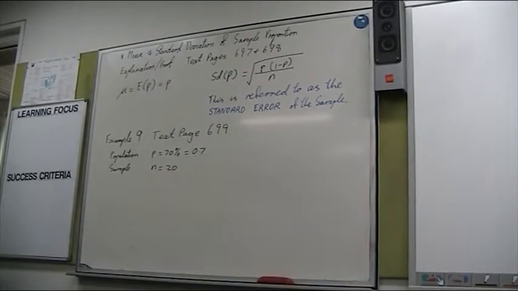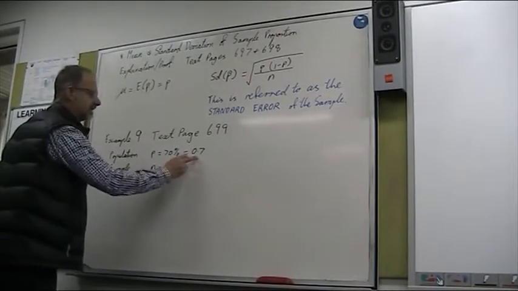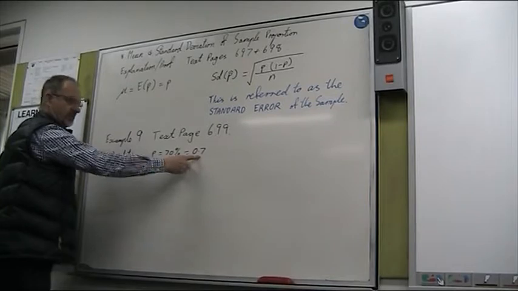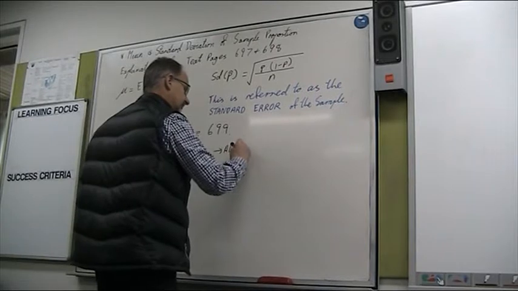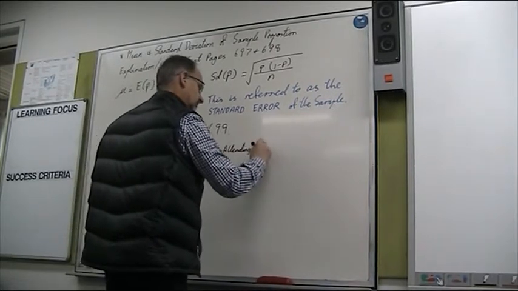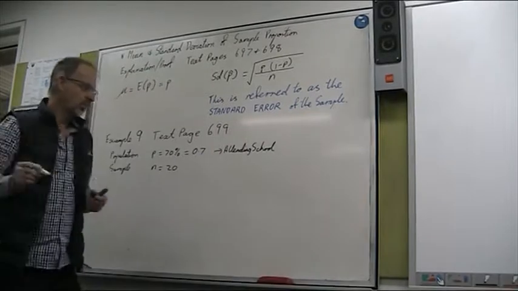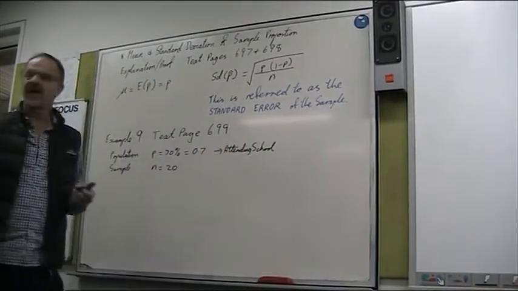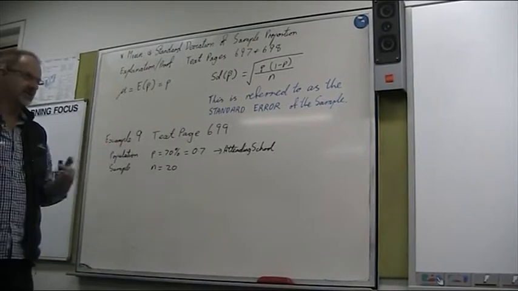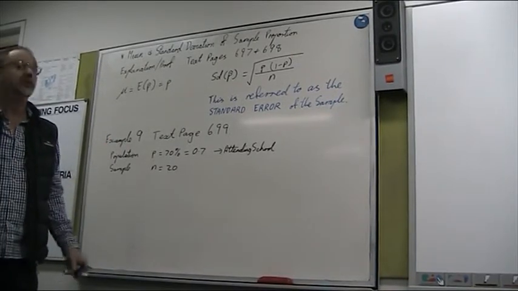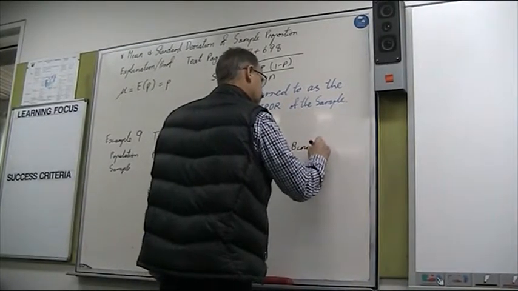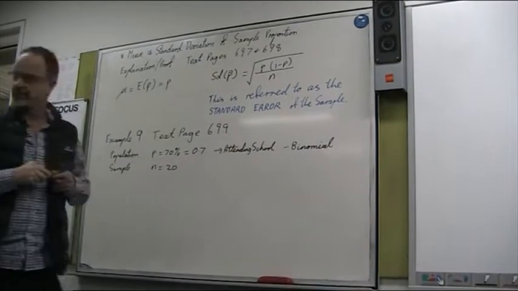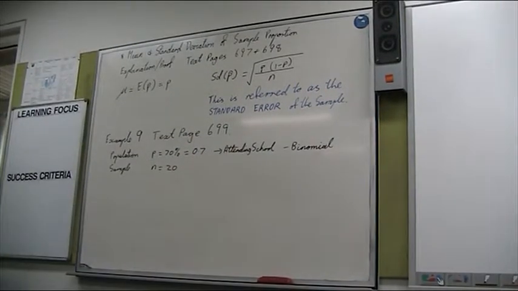Suppose that 70% of 17-year-olds in Australia attend school. So 70% refers to attending school. What other option is there? Not attending school. So how many things are there? Two. Binomial. So we're going to use binomial probability to help us.